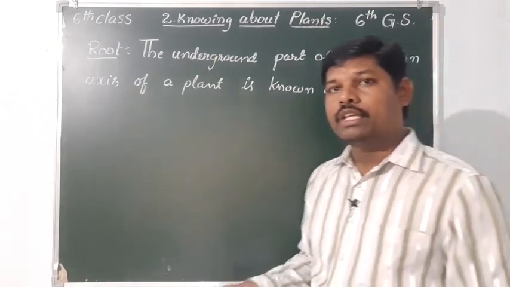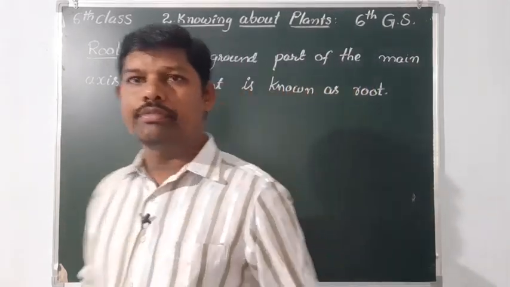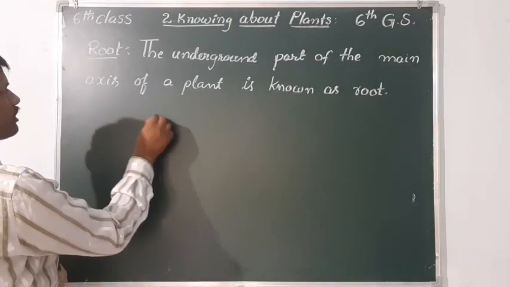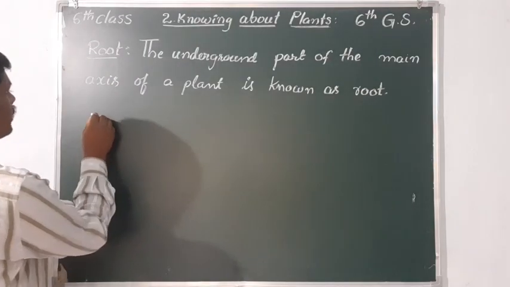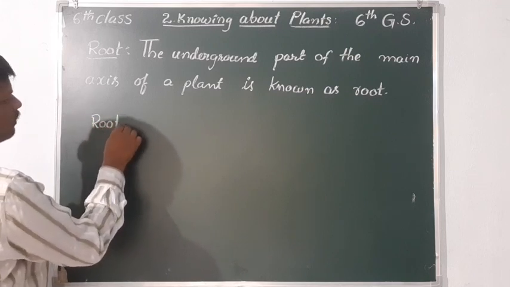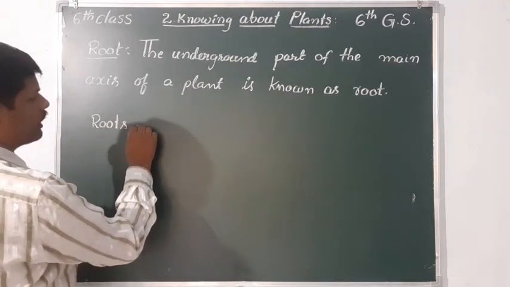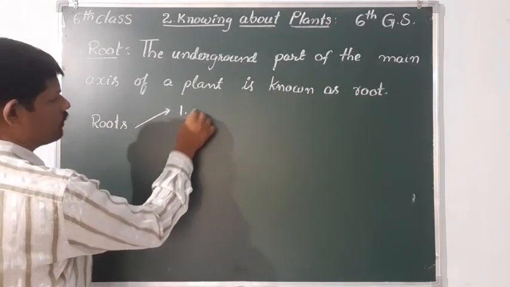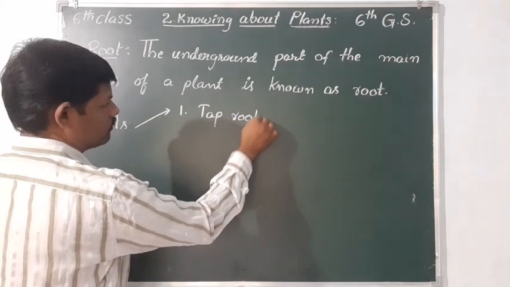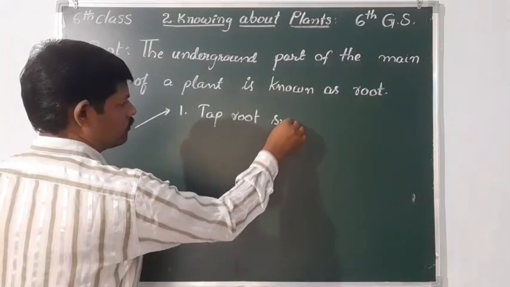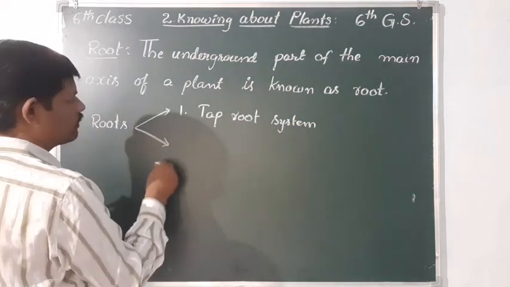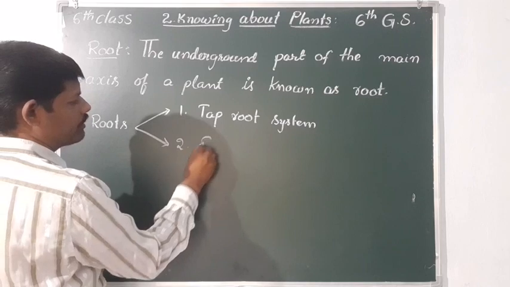There are two types of root systems. The first one is the tap root system, and the second one is the fibrous root system.